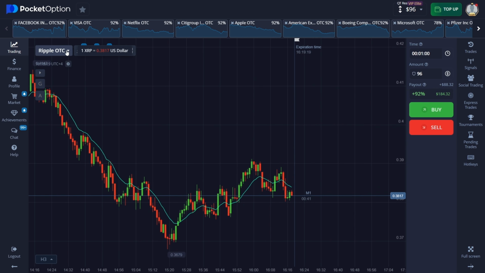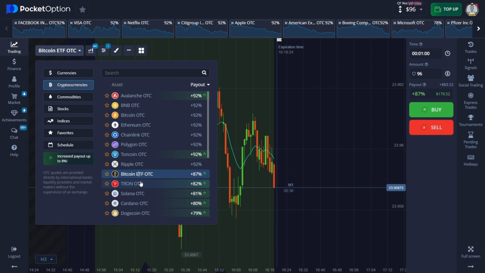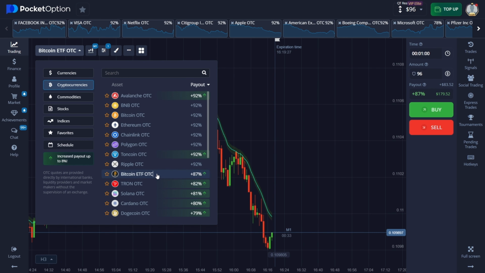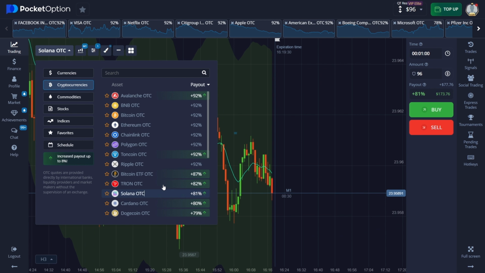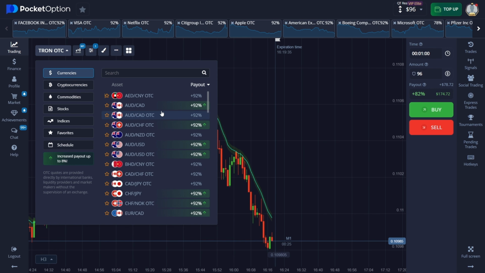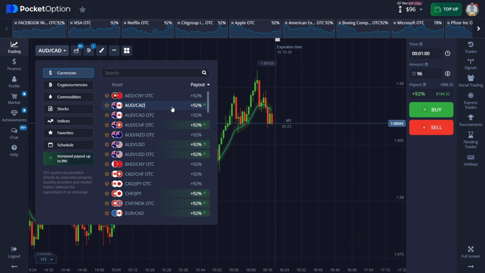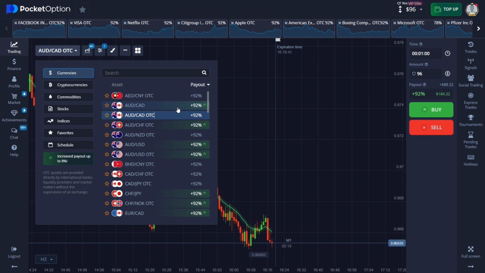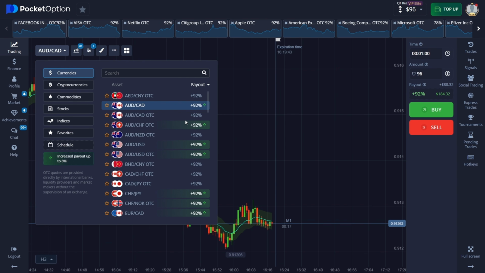But we need an entry at the level, and since the candle reversed, we'll avoid it. Let's search for a trade on currency pairs again. I found a trade on OddCAD, but we'll avoid that one too.